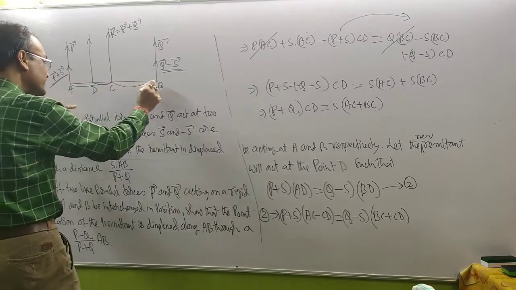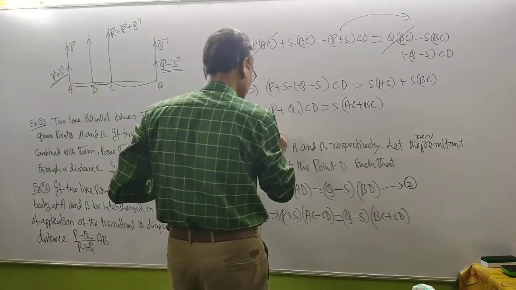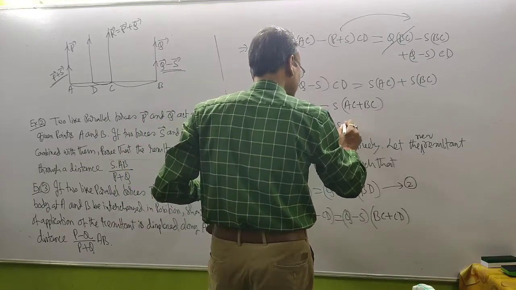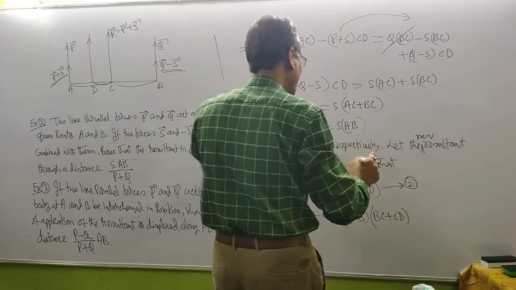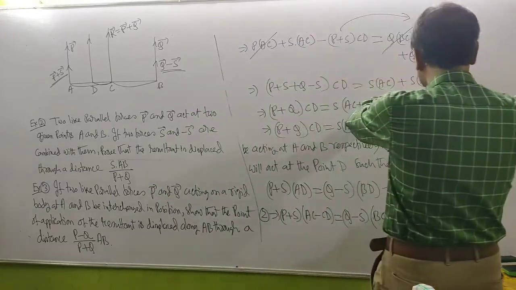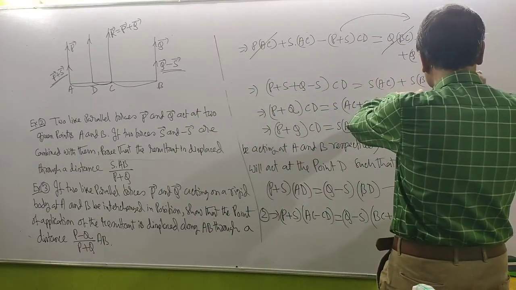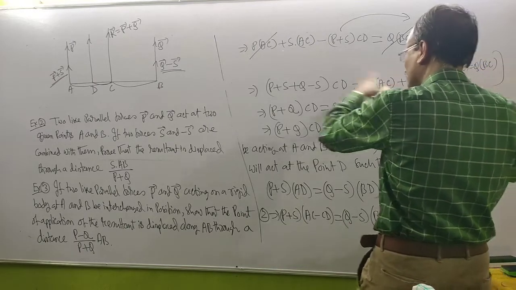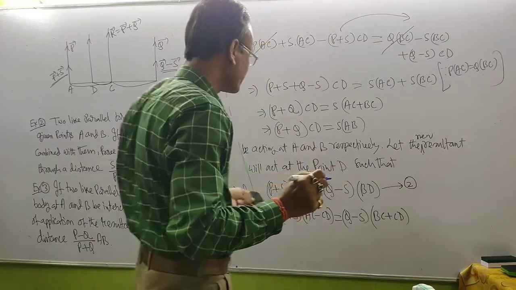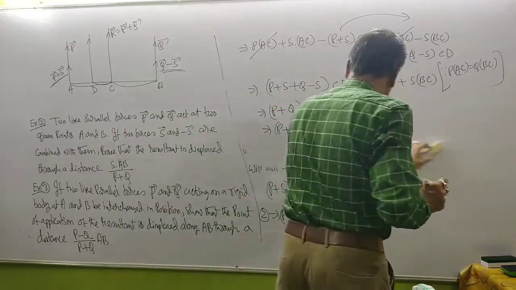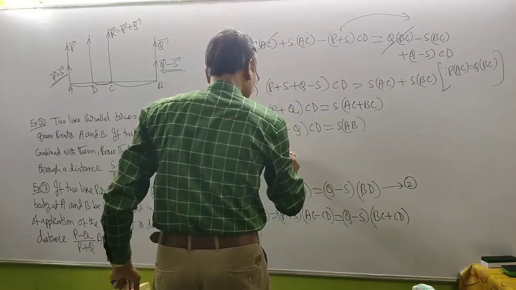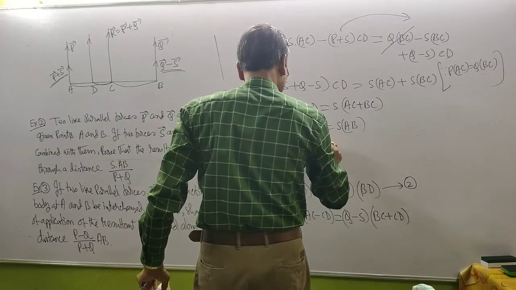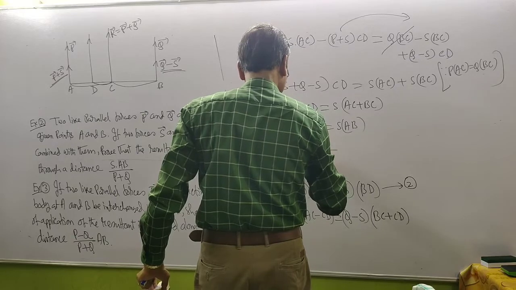What is this? Equal to AB. P plus Q into CD equal to S into AB. Since P into AC equal to Q into BC, these two terms have been cancelled. This means that CD equal to S into AB divided by P plus Q.